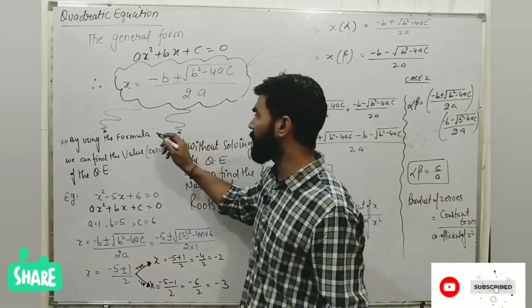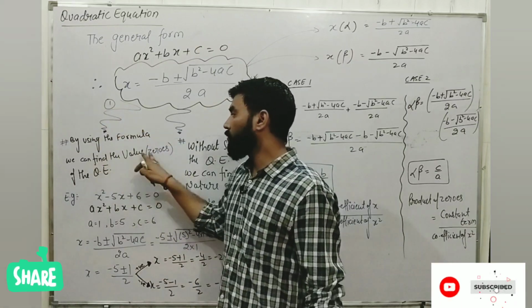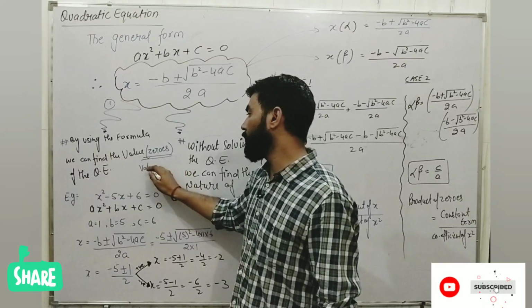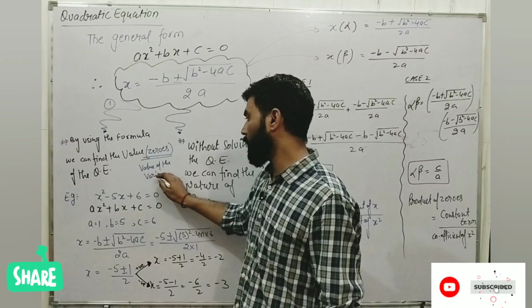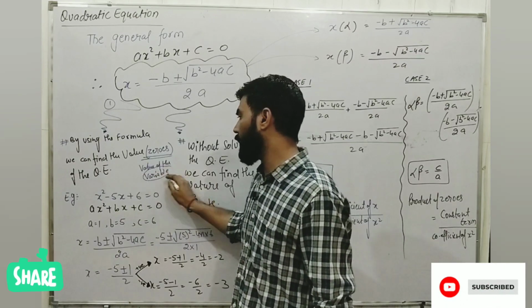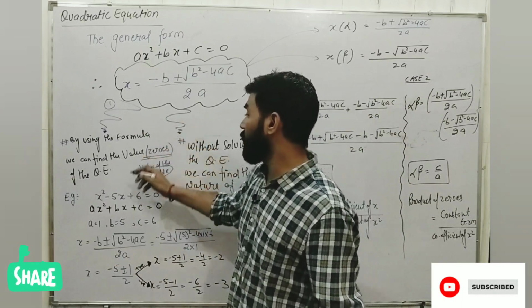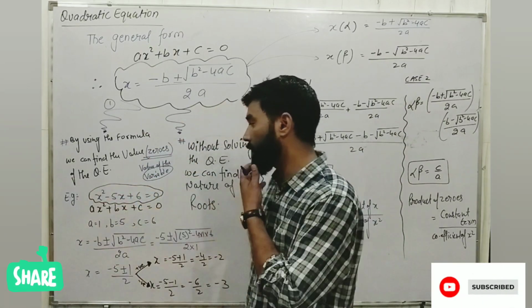The very first thing is this: by using the formula we can find the values of the quadratic equation, which are also known as zeros or values of the variable. Variable means the variable in which the quadratic equation is written. Let us suppose the quadratic equation we have taken as an example is x square minus 5x plus 6 is equal to 0.